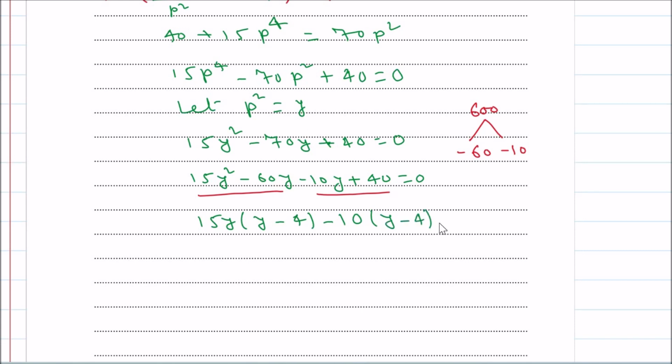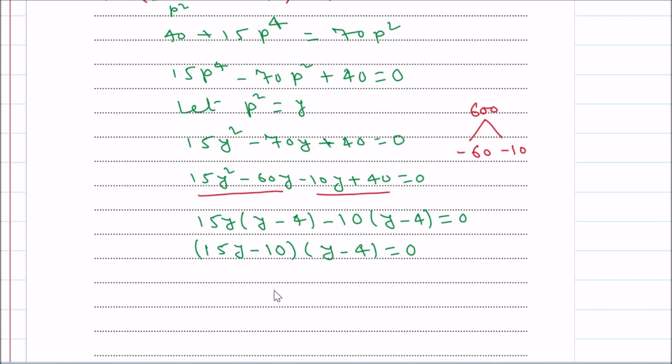Always check that the bracket part must be the same. So we have the same bracket part, that means we are going on the right path. So our factorization is correct. So 15y minus 10 into y minus 4 is equal to 0.